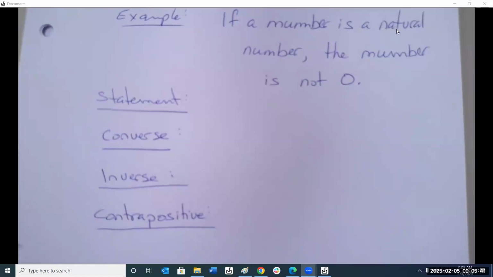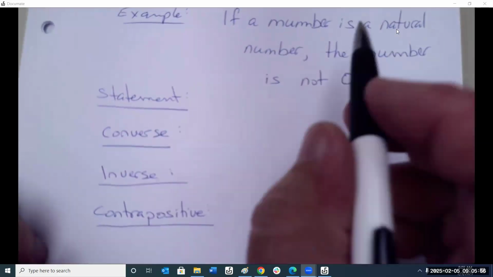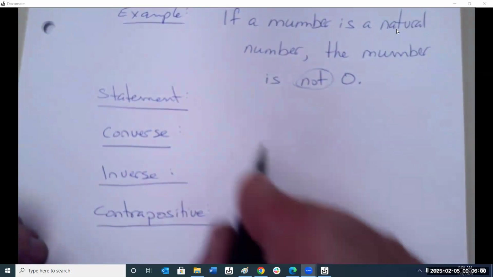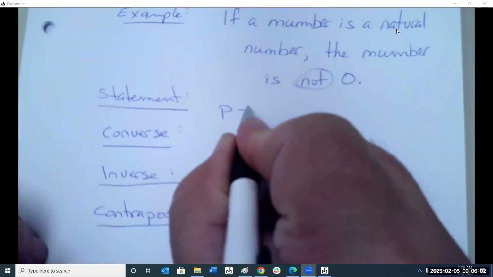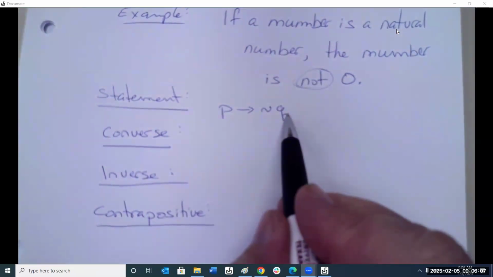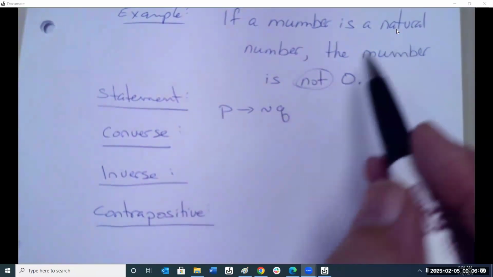So what's the statement? Very good. Because what would Q be? Because there's a not here, it says if P, then not Q. So the statement of Q would be the number is 0.